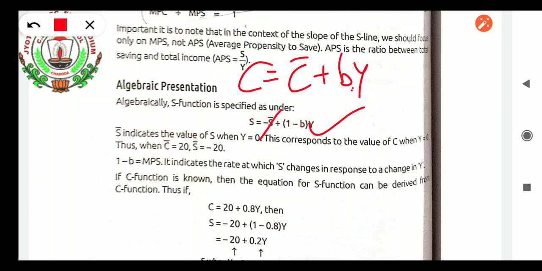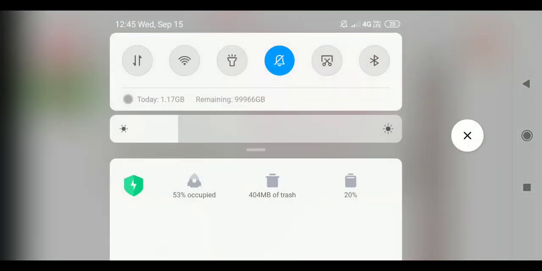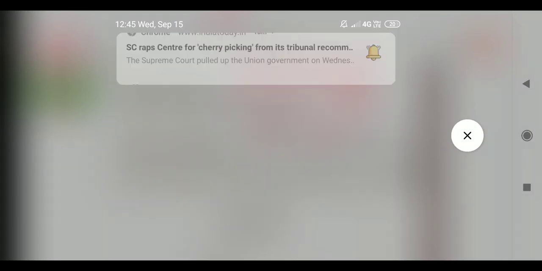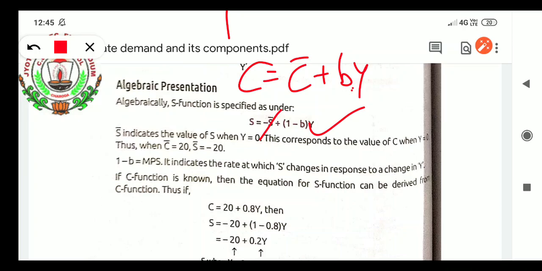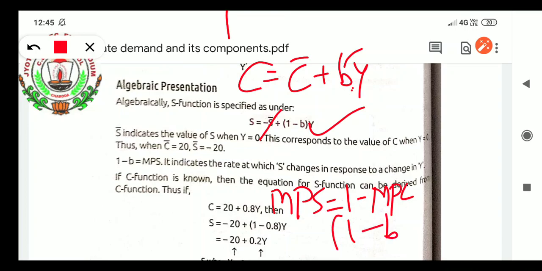Here we have learned that MPS equals 1 minus MPC. So we can relate that if we consider MPC as B, then MPS equals 1 minus B. Have you understood how 1 minus B comes?